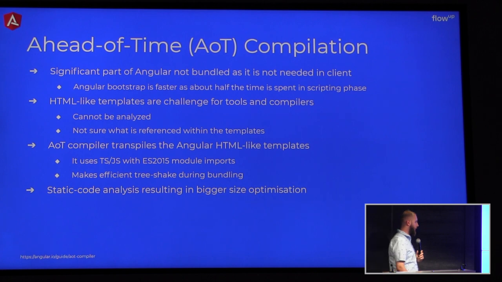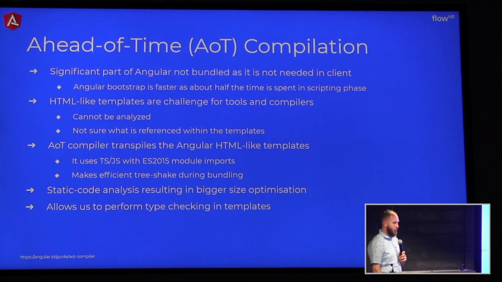The really big advantage is also the static analysis that's done during this phase, because it can actually improve your application size more. And one of the main things that's being done is that it allows you to support type checking in the templates.